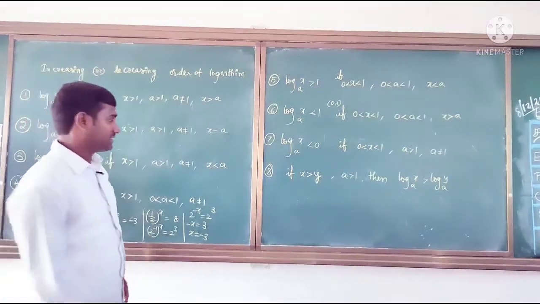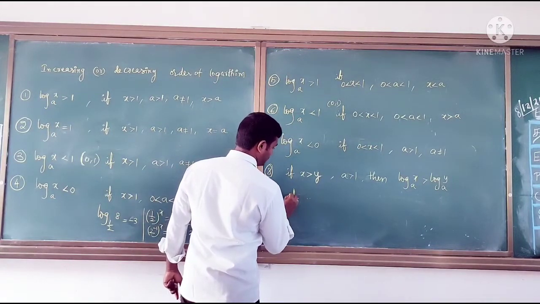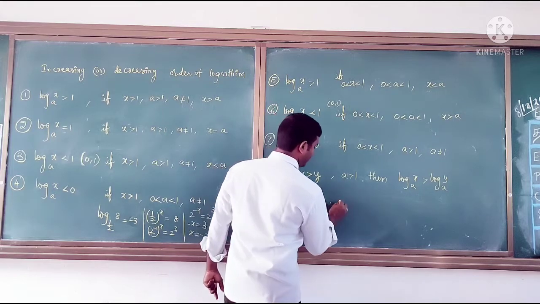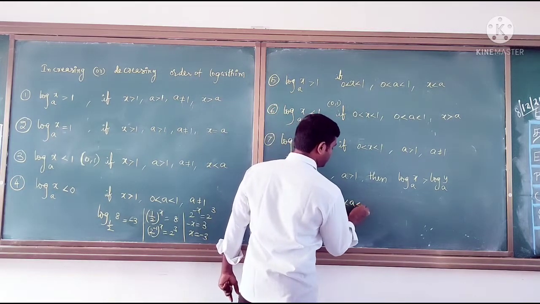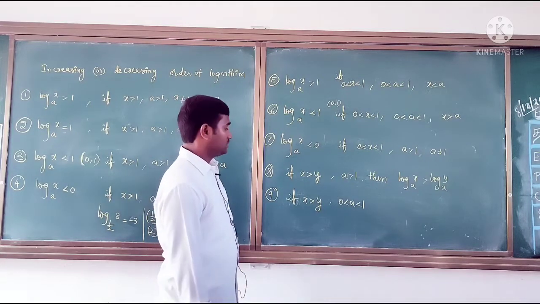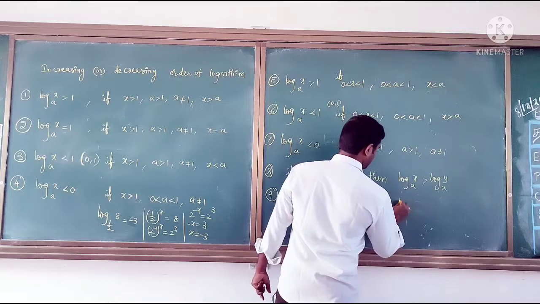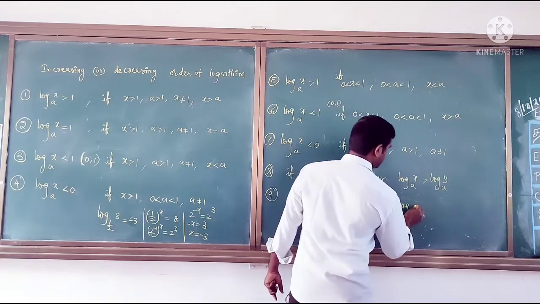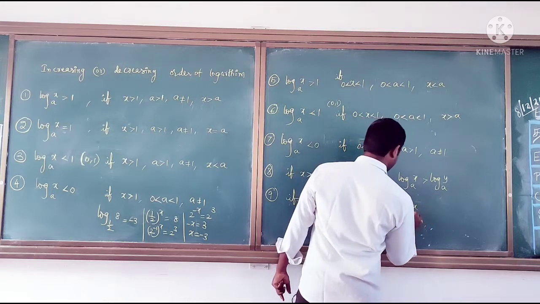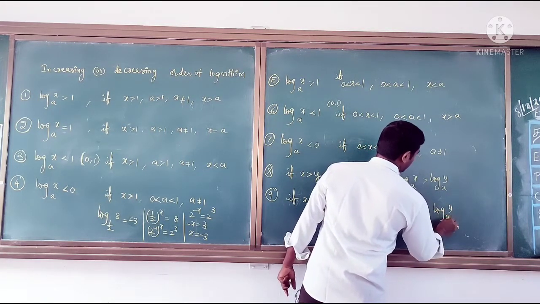Next, the last condition, the 9th condition: if x is greater than y and if a value lies between 0 and 1, then log x to the base a is less than log y to the base a.